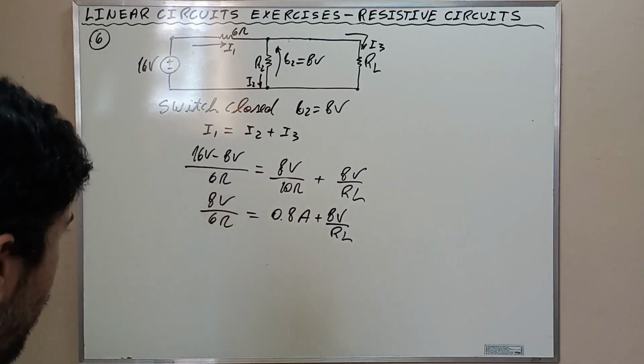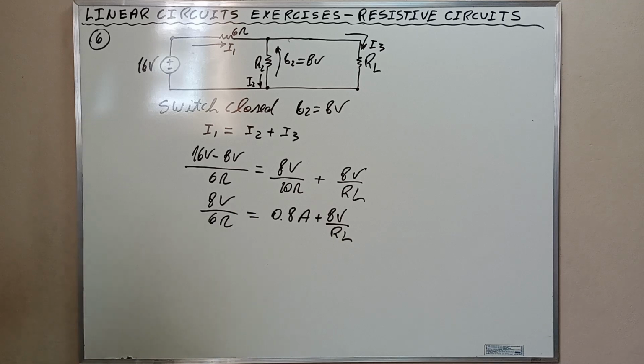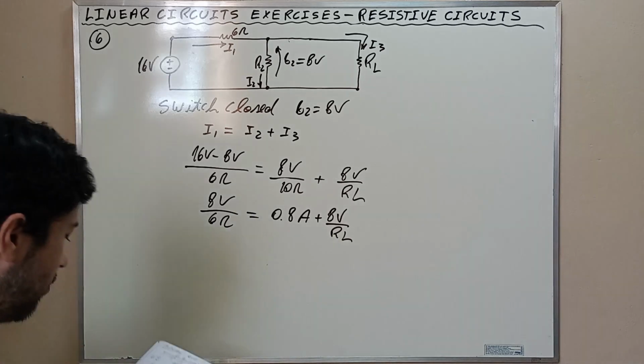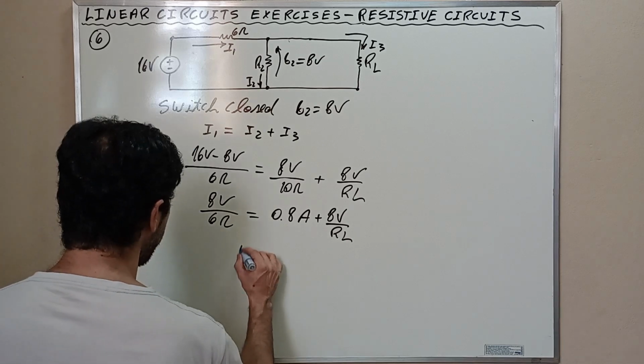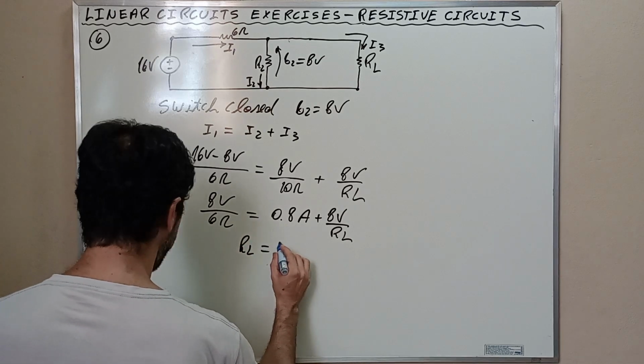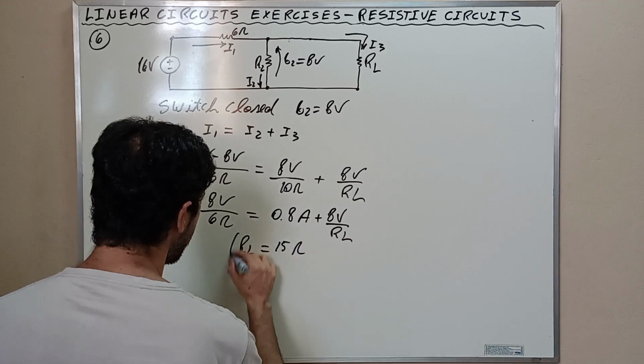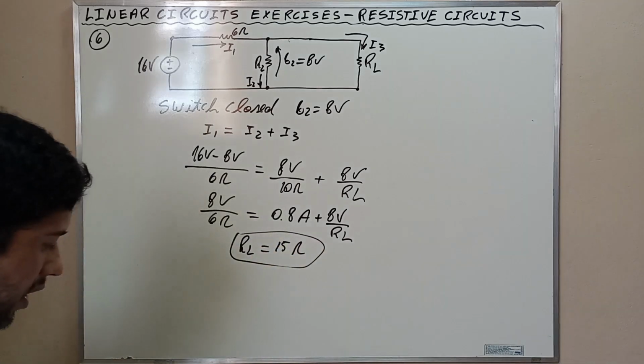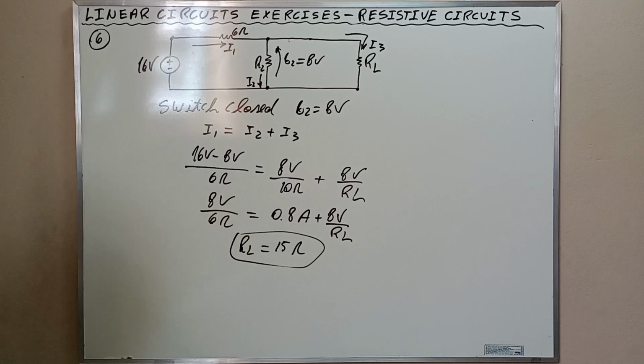Okay, and we are going to carry out this algebraic manipulation. I invite you to try it at your house. It is very easy, and in this way we find that RL is equal to 15 ohms. Okay, my friends, this is the answer of exercise number 6.